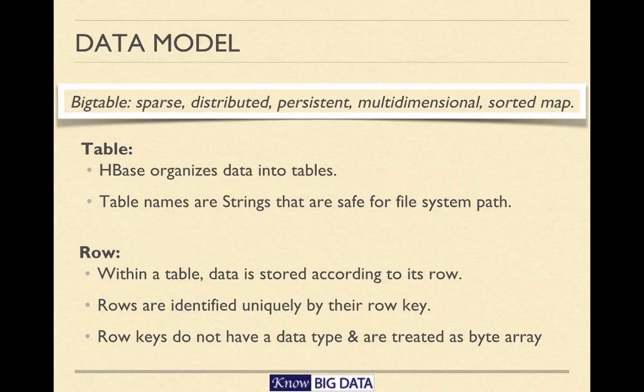Okay, so the most concise definition of the data model in the case of HBase is given by the people who wrote the main paper on Bigtable, because Bigtable is the inspiration for HBase. The paper by Jeff Dean, Ghemawat and one more person says that Bigtable is a sparse, distributed, persistent, multi-dimensional sorted map.